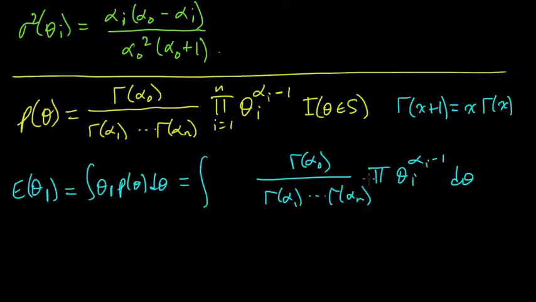And this argument will generalize. So in the first coordinate we get alpha 1.